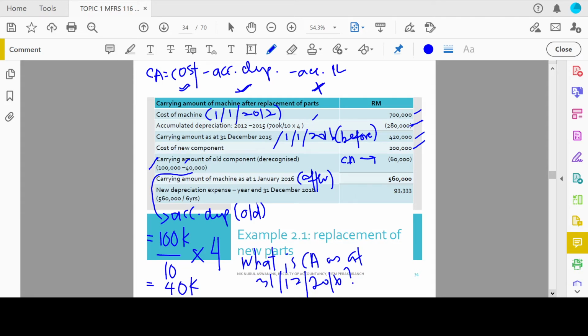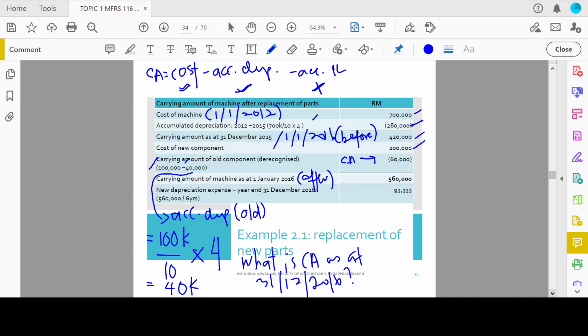If you have this question, then you cannot stop your computation only up to 1st January 2016, but you have to continue your working by including the depreciation, because machine is a depreciable asset. At the end of the year, it is common that we are going to make some adjustment. One of the adjustments that we have to make is to provide for depreciation.